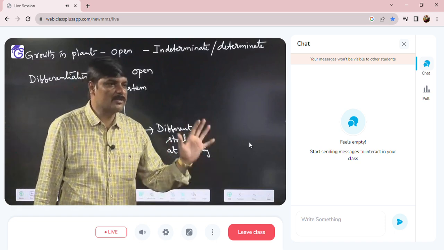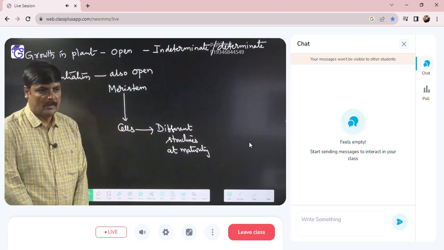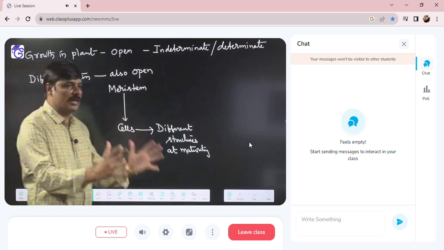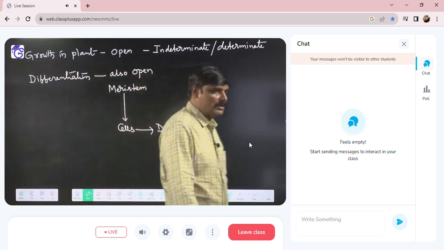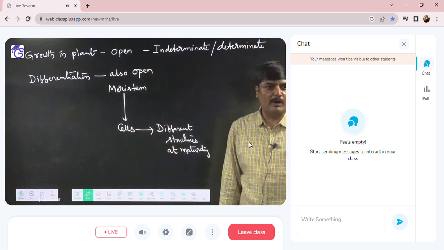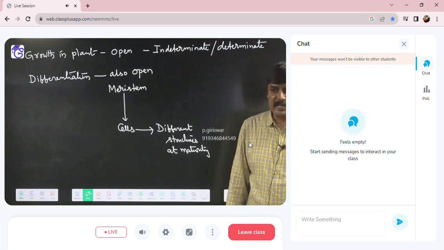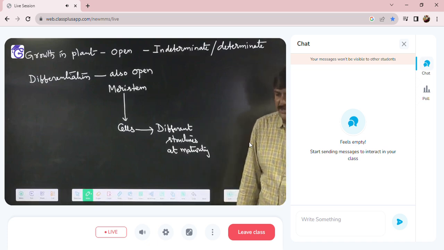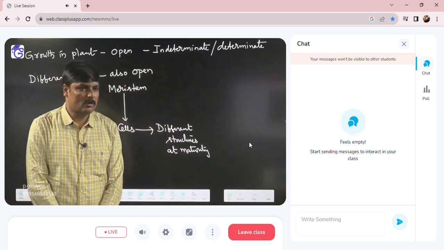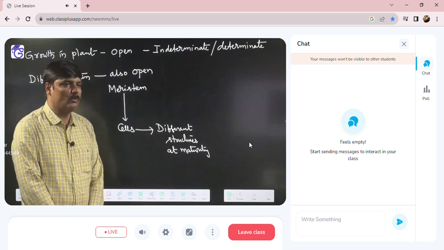This is also the correct explanation of A. Growth is open in plants, correct. Differentiation is also open in plants because cells from the same meristem form different structures at maturity. Therefore, the differentiation is also open.